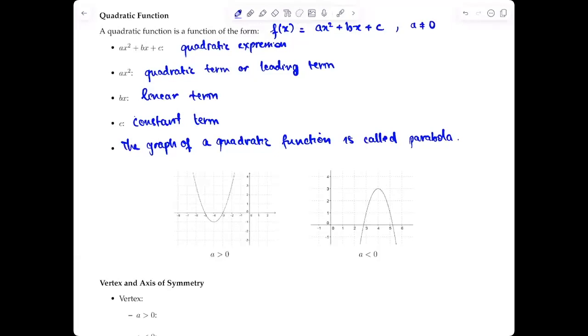There are two types of parabola. One opens upward when you have the leading coefficient positive, and the parabola opens downward when you have the leading coefficient negative.